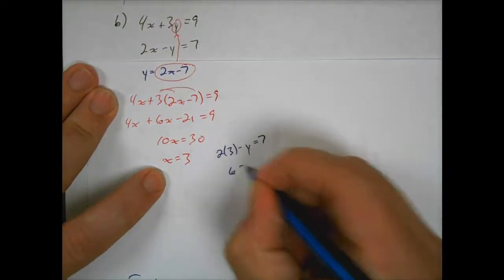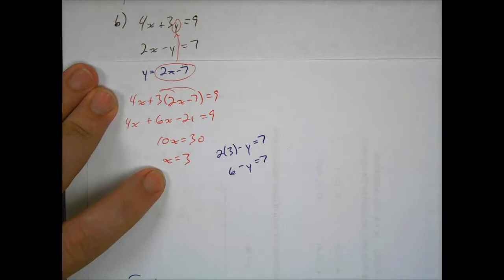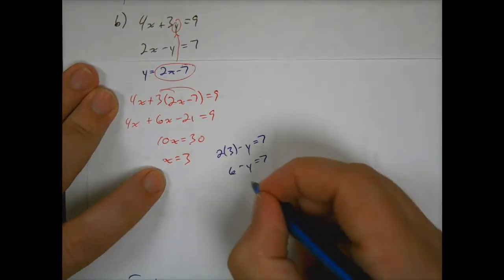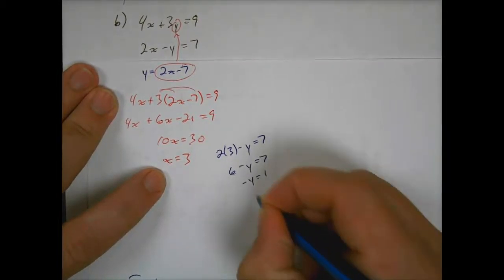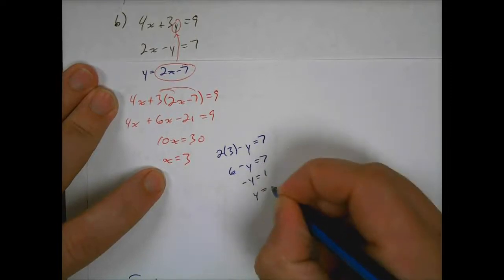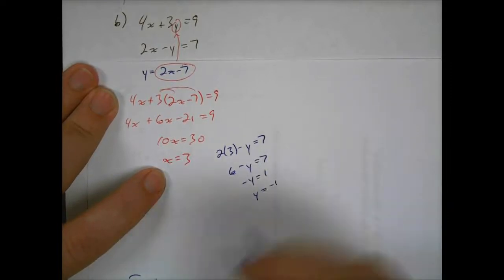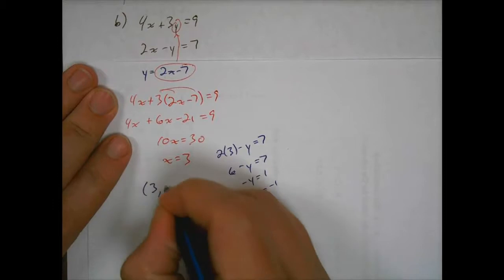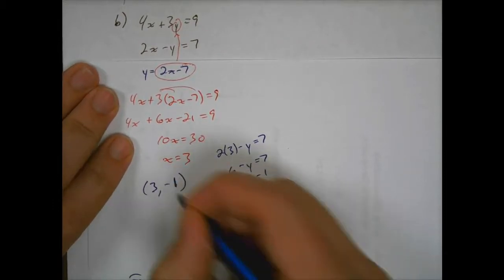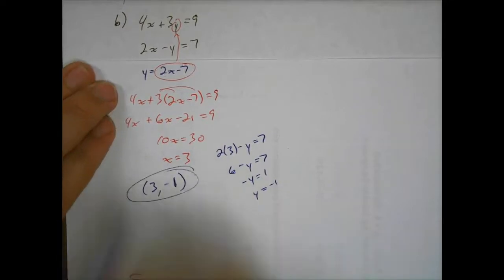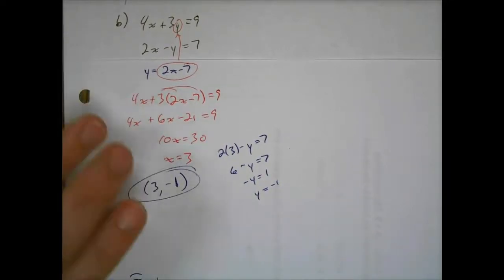So this is 6 minus y equals 7. Subtract the 6, so negative y equals 1. So y equals negative 1. So then I have the point 3, negative 1. That's a 1. It's a weird squiggly 1, but it's a 1. Yes, 3, negative 1. That is my solution. Always write as an ordered pair, please.